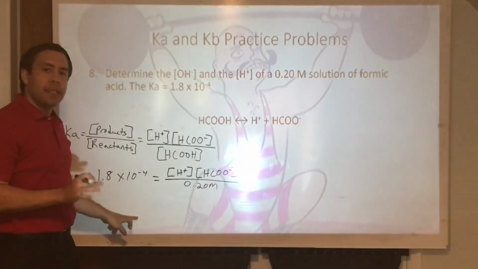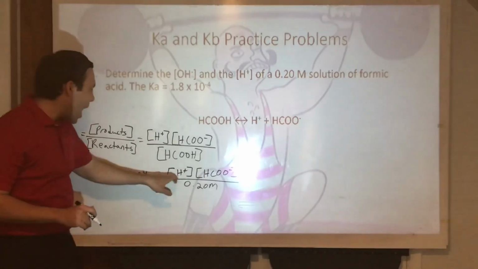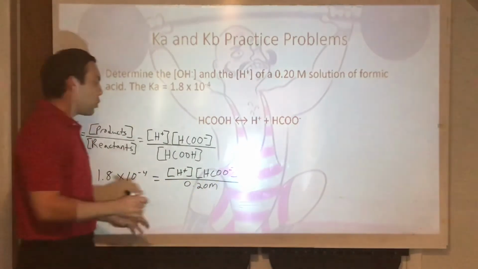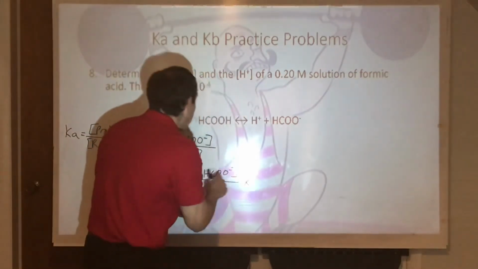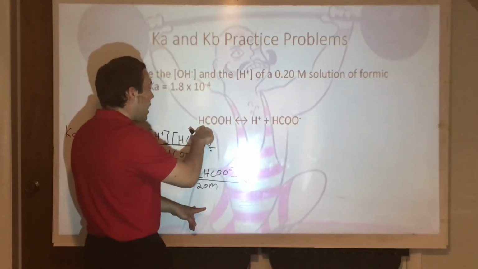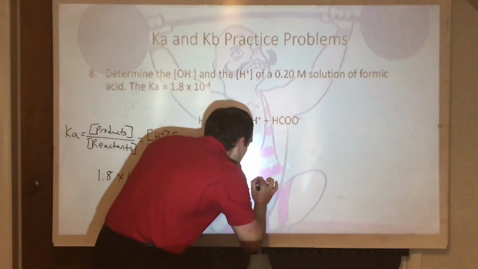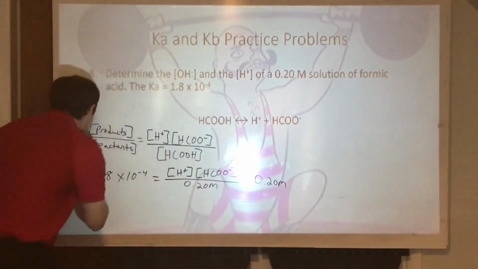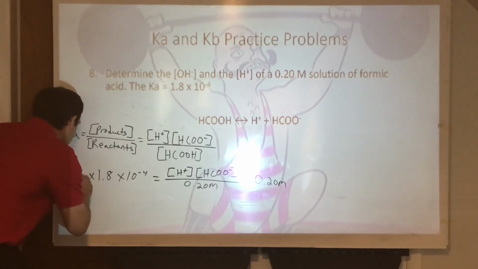The very next thing we need to do is get the H plus and the HCOO minus by themselves. So we multiply both sides by the concentration of the HCOOH, 0.20 molar.